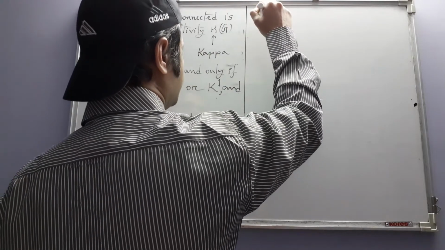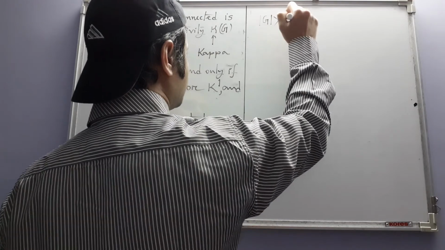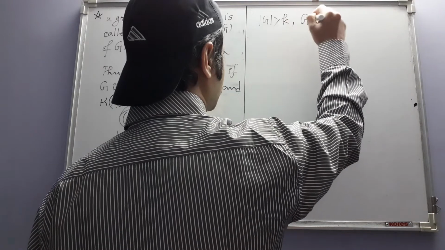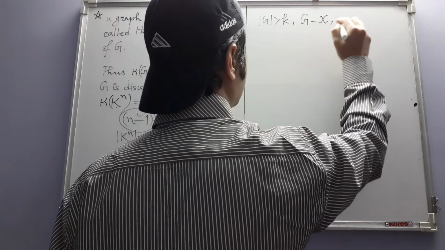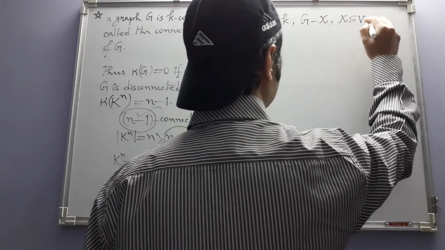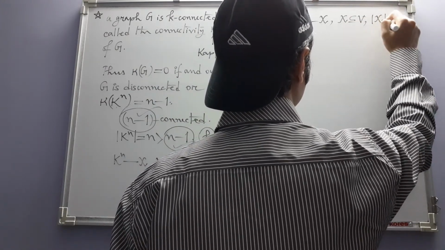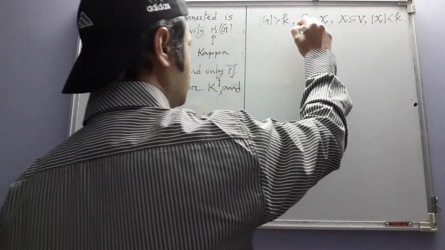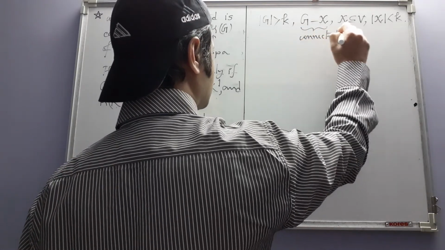You see, what the definition says is this: the number of vertices should be greater than K, and when you remove a set of vertices from G whose cardinality is less than K, then it remains connected.